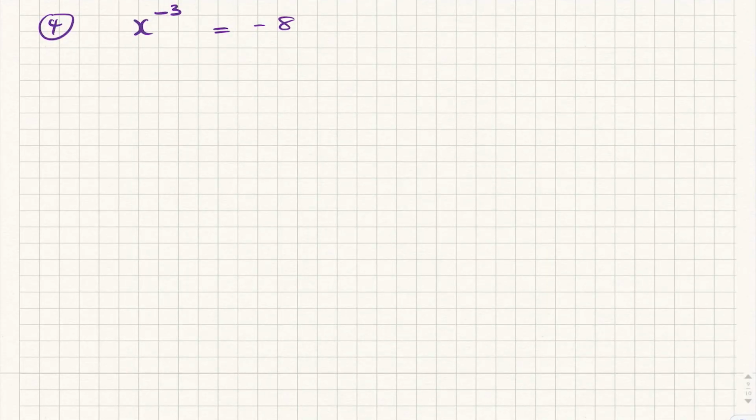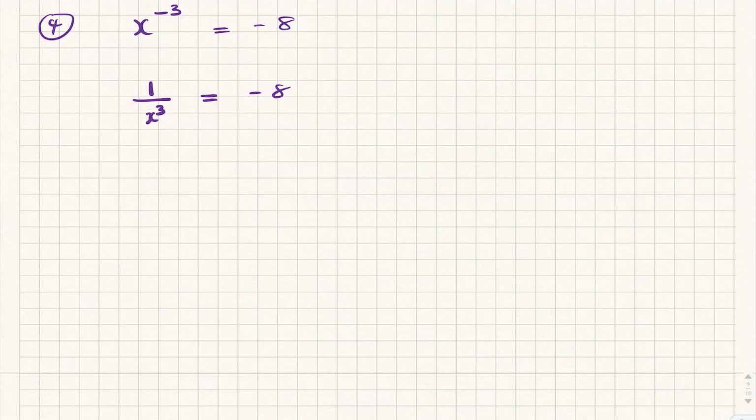Question 4. Question 4 is x to the power of minus 3 equals minus 8. Again, in this case, we're looking for a way to write this out. So what I'm going to do is write 1 over x cubed equals minus 8. Then I'm going to multiply both sides by x cubed and divide both sides by minus 8.